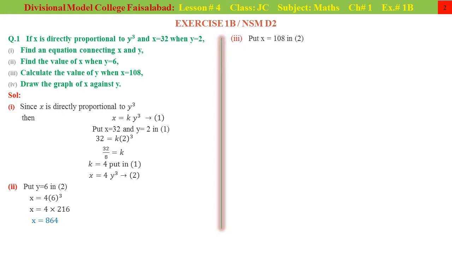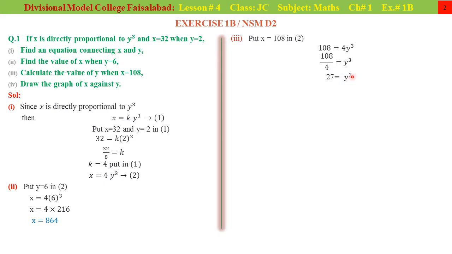Now we will solve part 3. In this you are given the value of x, which is 108. We will put this value of x in equation number 2 to get the value of y. 108 is equal to 4y cube. Now we will divide 108 by 4 to get the value of y cube. The value of y cube is 27. We need to find the value of y.